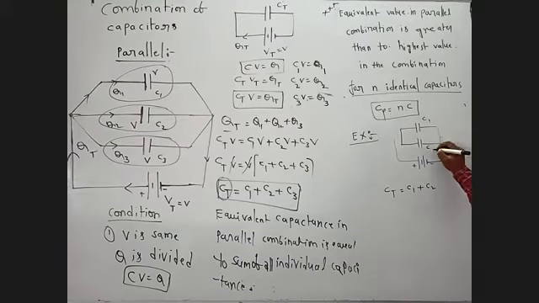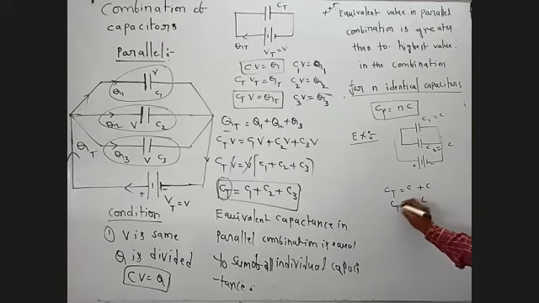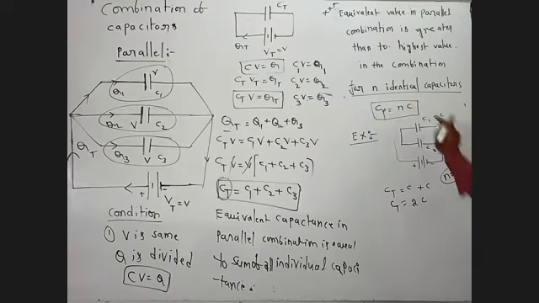This formula is for different capacitors. If both have the same capacitance C, then C1 is equal to C, C2 is equal to C, so C plus C is 2C. With n equal to 2 capacitors, Cp is equal to n times C, which is 2C. That is the answer.